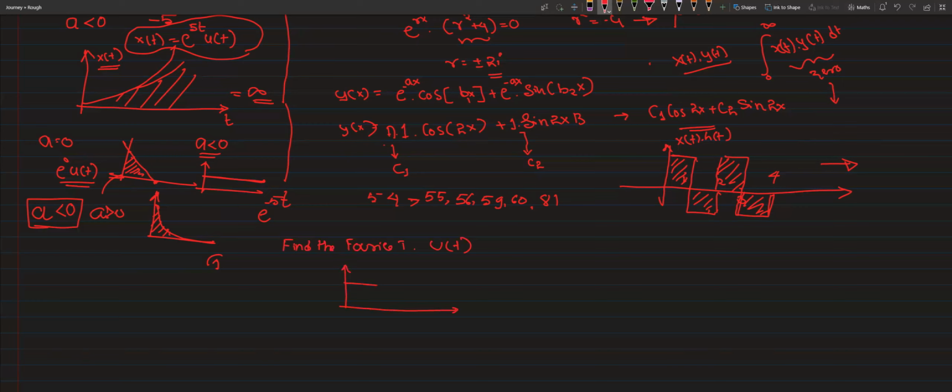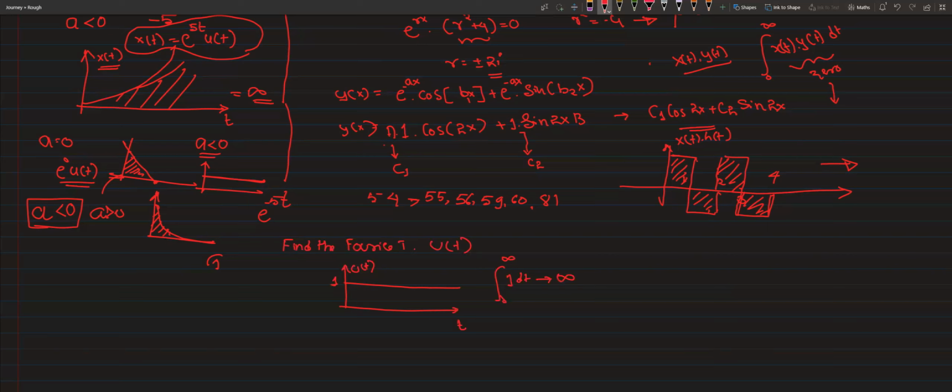For t greater than 0, u of t is 1, so if I integrate 1 dt from 0 to infinity, this will become infinite, because it keeps adding. As per the general Fourier transform rule, this is not absolutely integrable, so we cannot directly find the Fourier transform.